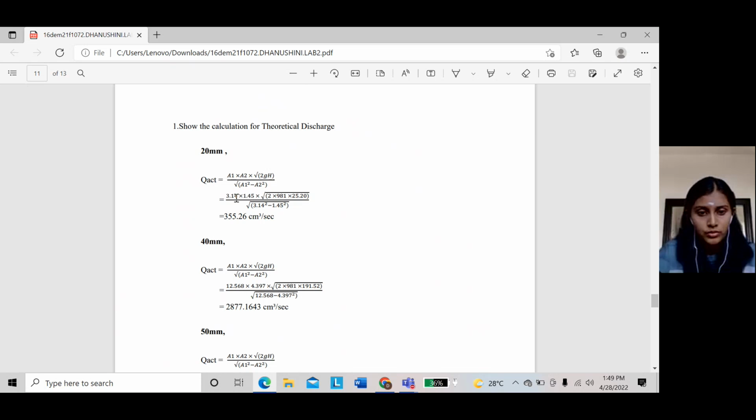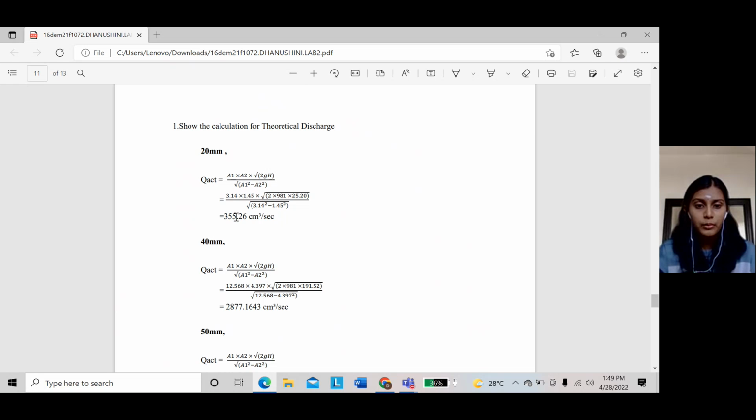So 3.14 times 1.5 times square root of 2 times 981 times 25.20, divided by the root of the bracket 3.142 squared minus 1.5 squared.